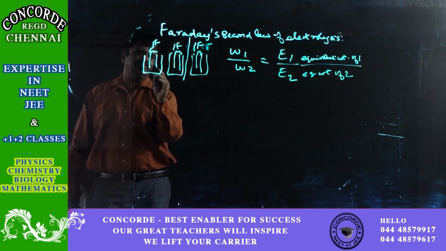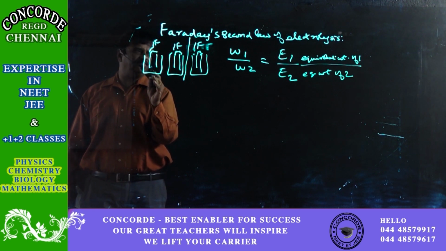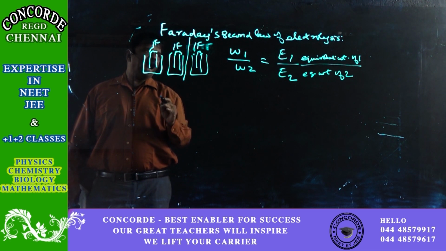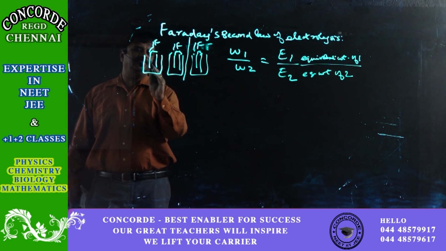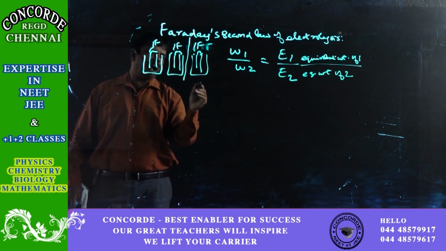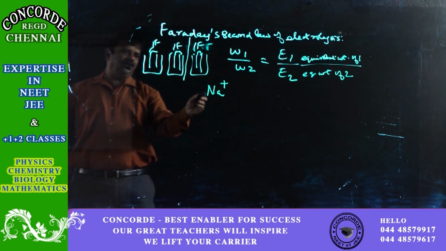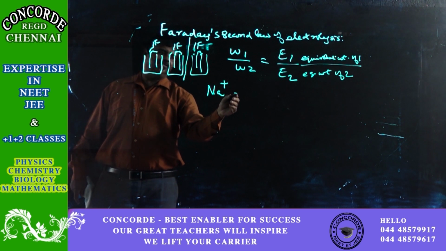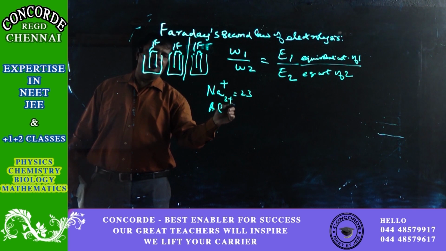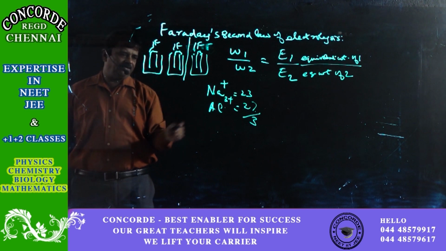The amount of aluminium deposited, W2, and the amount of sodium deposited, W1, are proportional to the equivalent weights of the substances. Sodium is Na+, so its atomic weight is its equivalent weight, whereas Al is Al3+, so the atomic weight divided by 3 gives the equivalent weight.